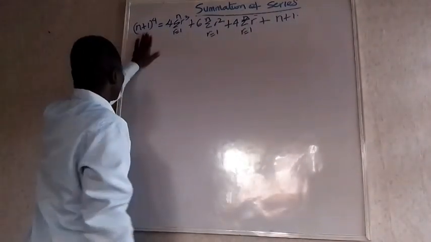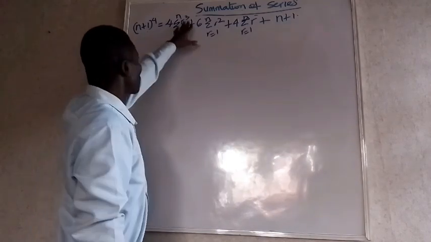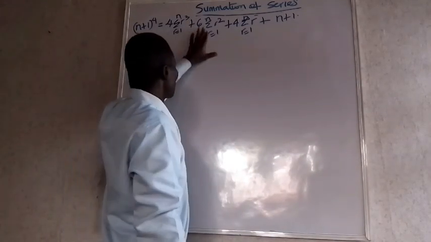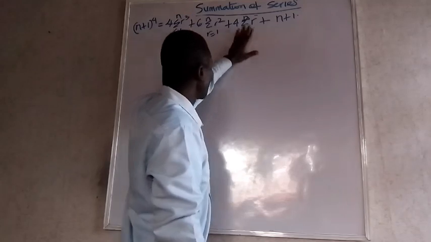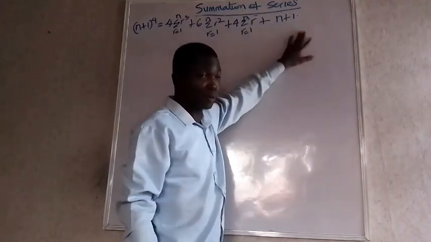Now, we have n plus 1 to the power 4 equals 4 summation r cubed from r equals 1 to n, 6 summation r squared from r equals 1 to n, 4 summation r from r equals 1 to n, and n plus 1.